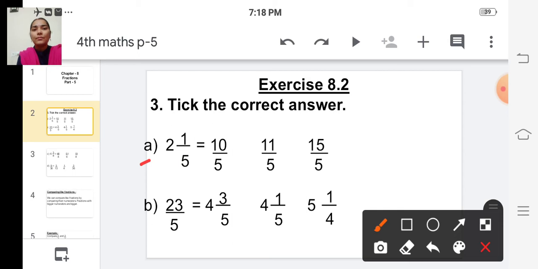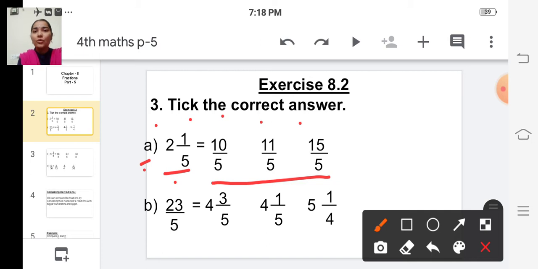So what is the problem? Tick the correct answer. Look at the first one. They have given a mixed fraction, isn't it? So we are going to find the improper fraction for this mixed fraction, and tick the correct improper fraction.